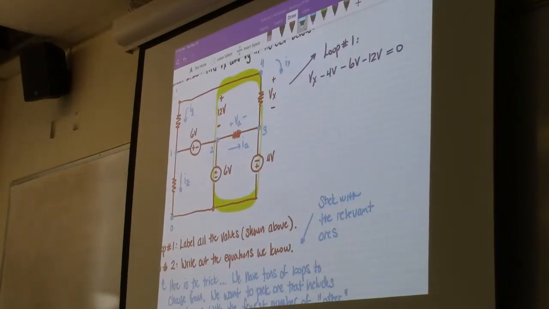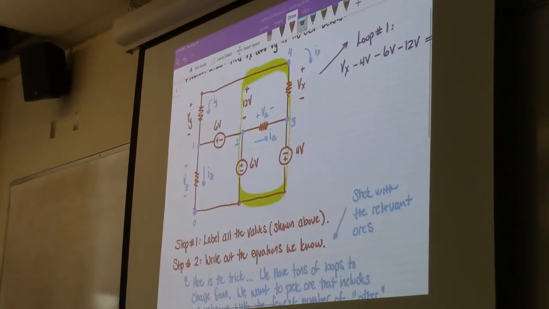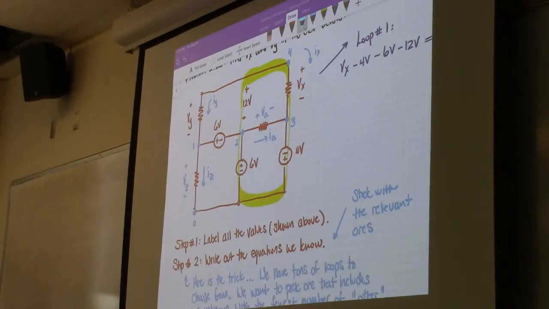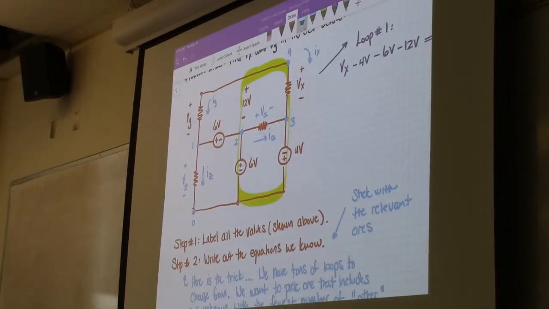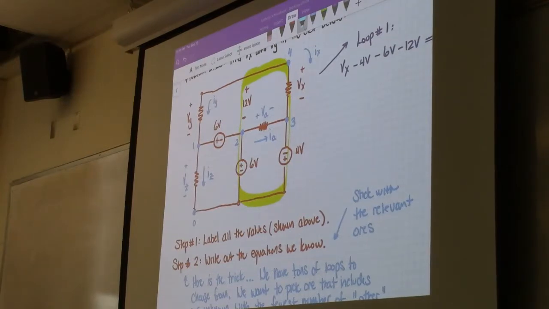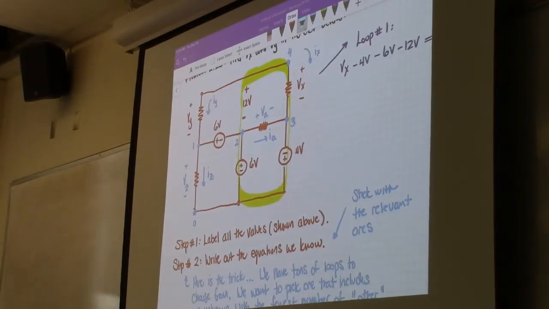Okay, and then the other loop that we can use in a similar vein. Well, let me ask you that question. So what loop would you use to solve for Vy? Yeah, like the 12 volt, 6 volt, Vy. So then we have another loop that looks like that.